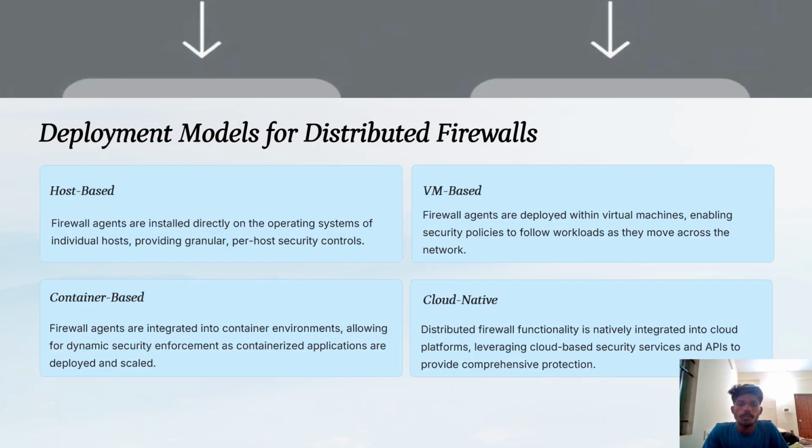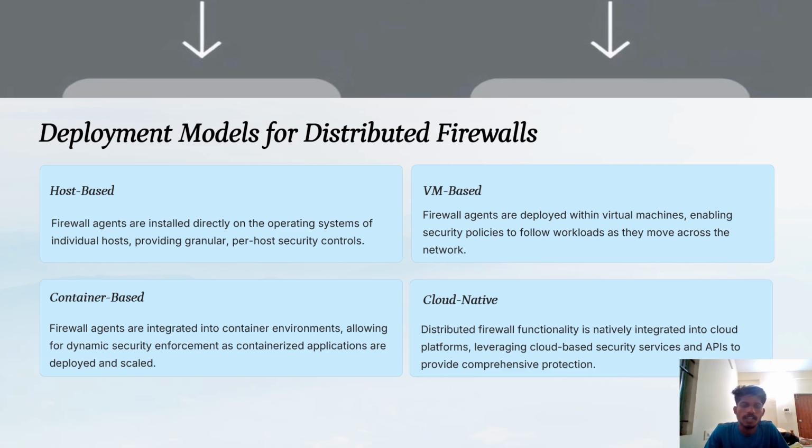Next, we have the deployment models for distributed firewalls. First one is host-based, then VM-based, container-based, and cloud-native. Now let us see what host-based is. The firewall agents are installed directly on the operating system of individual hosts, providing granular per-host security controls. Next, we have VM-based. Firewall agents are deployed within virtual machines, enabling security policies to follow workloads as they move across the network.